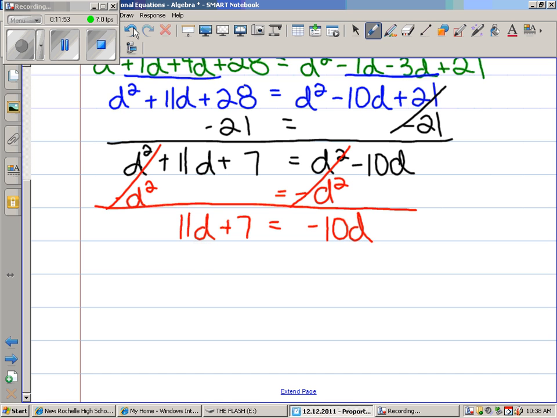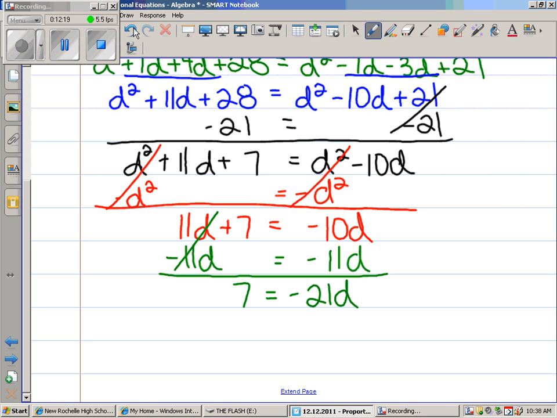The best way is the one that requires the least steps. So moving this 11d over to this side. You could move the 7, but the problem is that it wouldn't combine with the other thing that has a d in it. So 7 equals negative 21d.